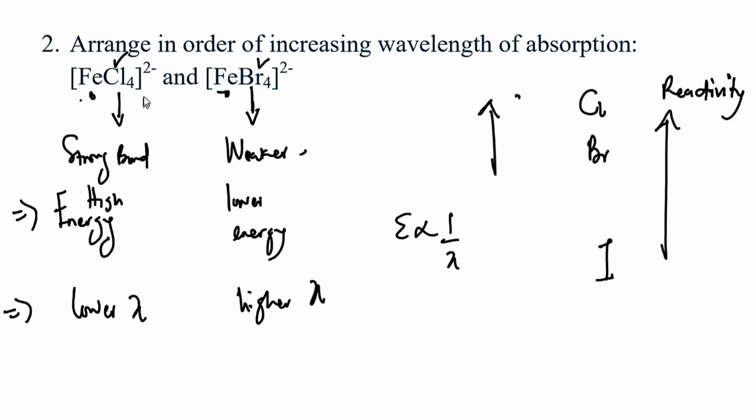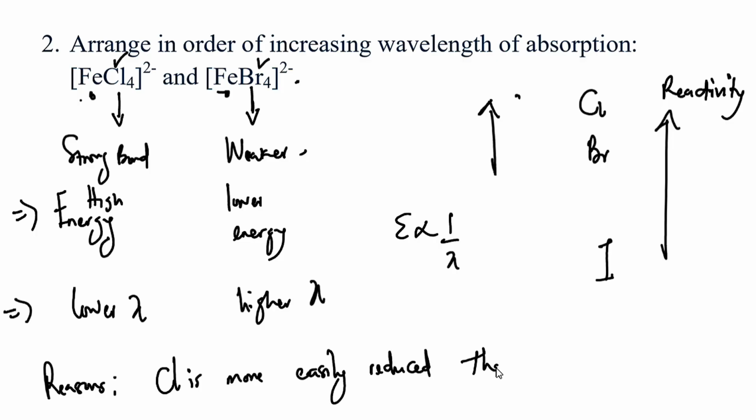So the reason is that Cl is more easily reduced than Br. You can also say that Cl is more reactive than Br as well. These are some of the reasons, because reactivity increases toward the top of the group of these halogens.